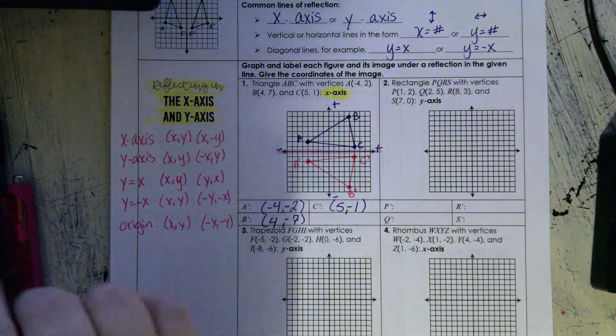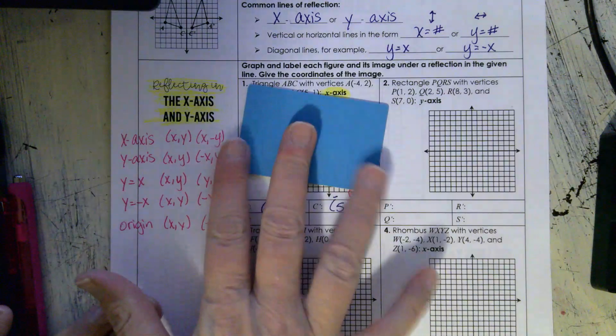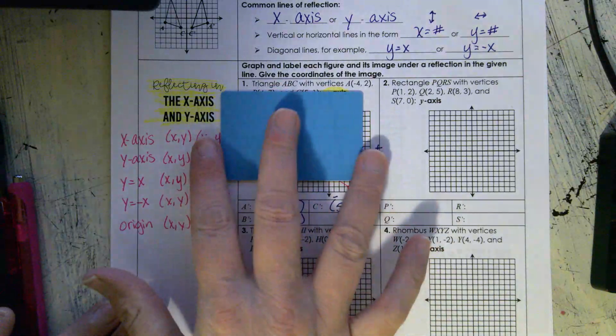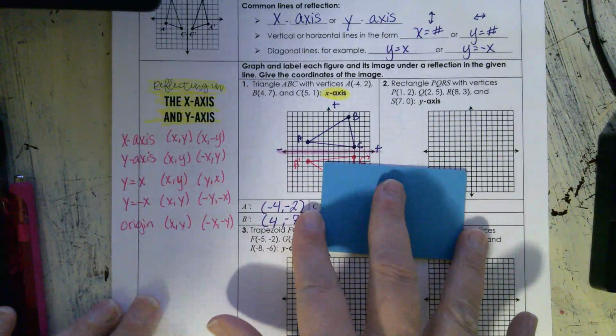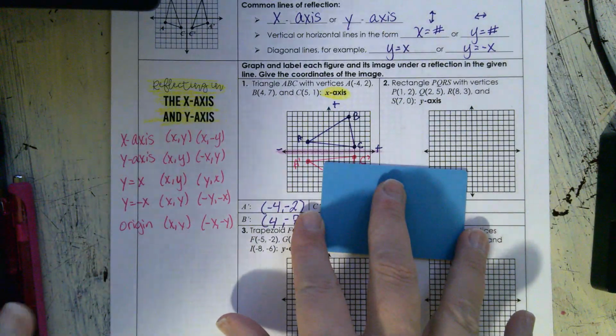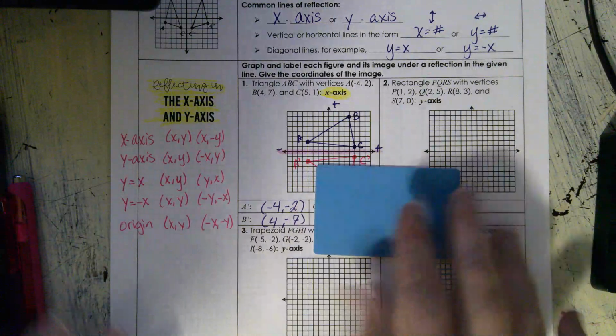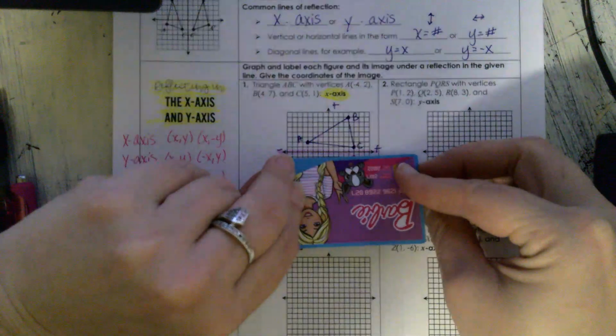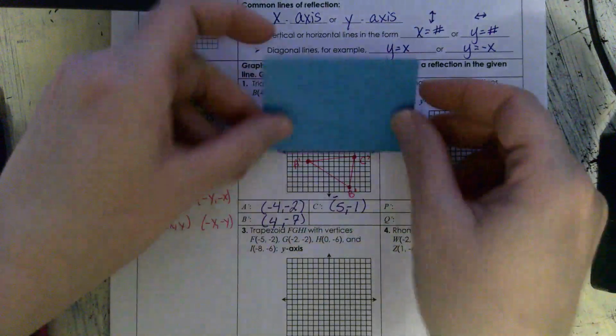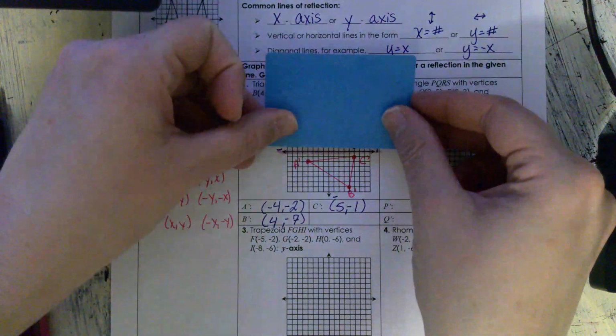Remember, with rigid motion, like our translations, we were sliding them, but we were not changing the shape or the size of that image. Well, here we are reflecting, so we're flipping it over, but we're not changing the shape or size of our image.